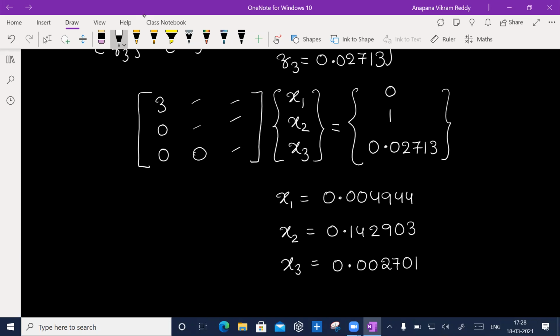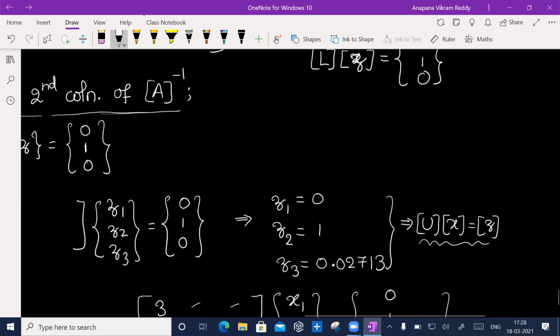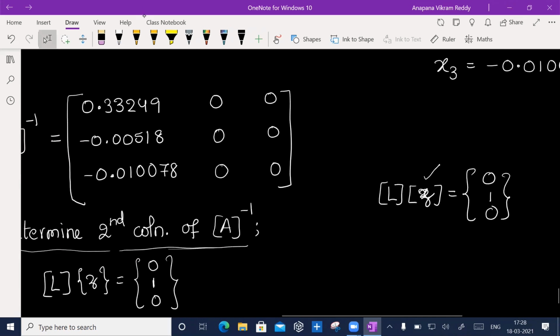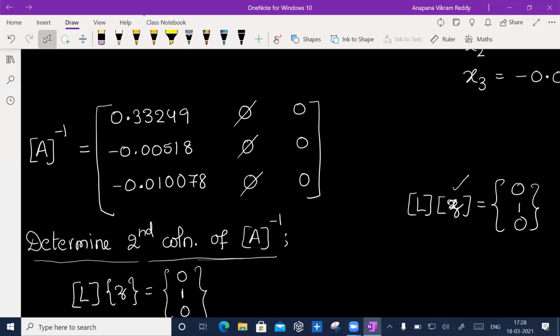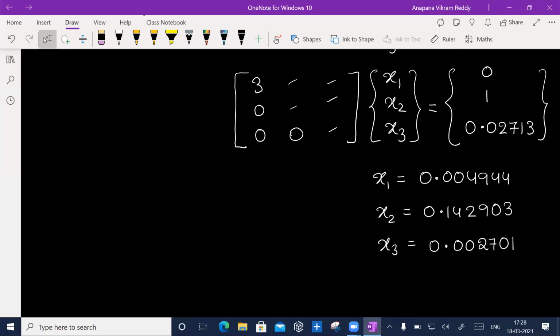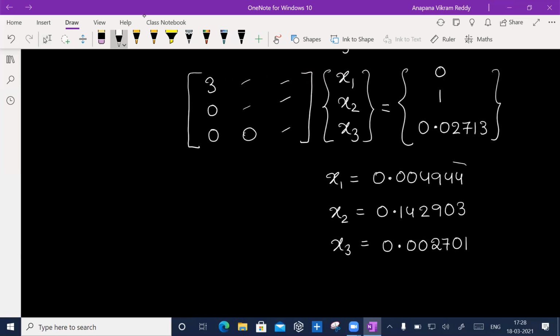Did you get like this approximately? I'm taking all approximate values. Now you plug that in here. Okay? That means now you replace the second column in A inverse by whatever you obtained. So this is now the second column of A inverse. Are you able to understand this?